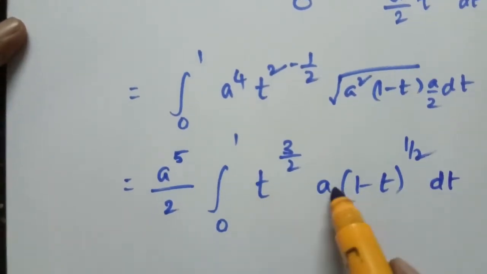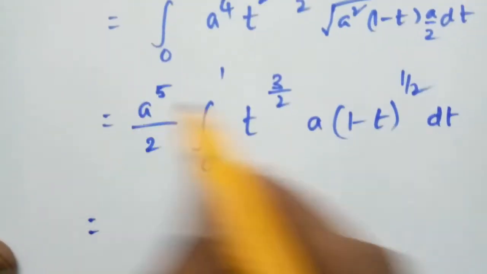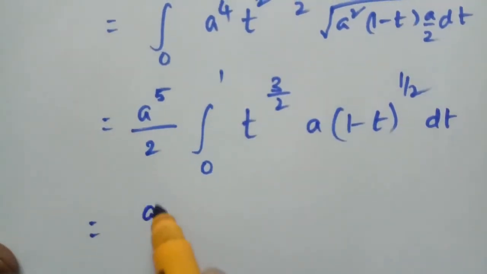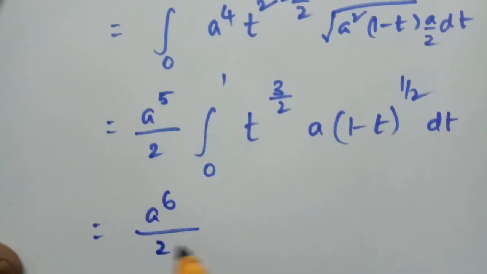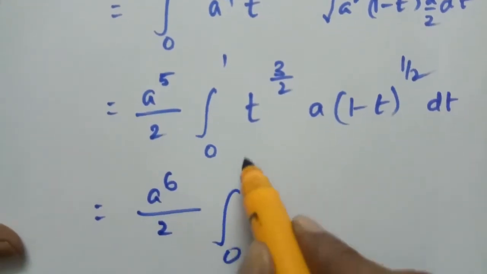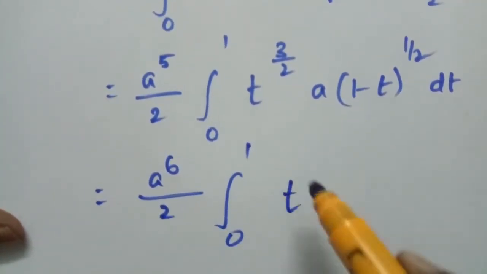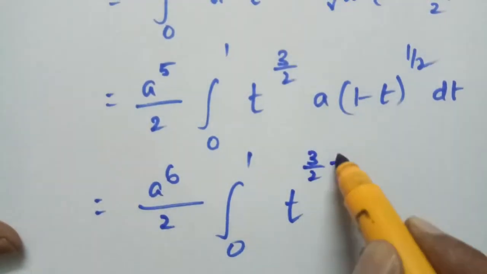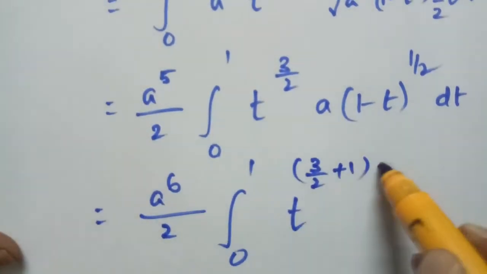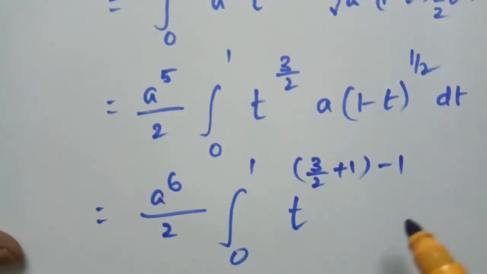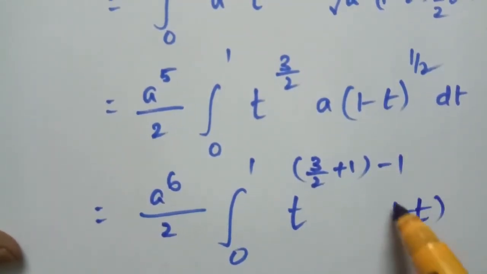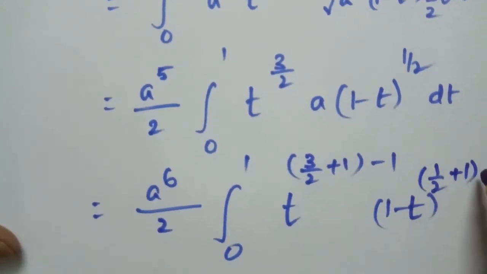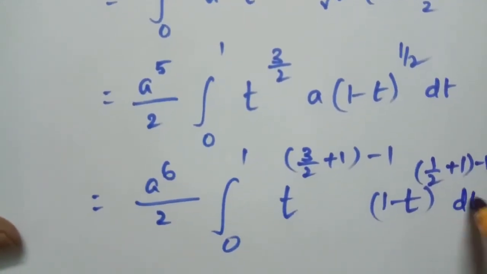Already a is there in the integration, so we are writing a to the power of 6 by 2 into integral 0 to 1 t to the power of, to get the m minus 1 form, adding 1 and minus 1, 1 minus t whole to the power of 1 by 2 plus 1 minus 1 to get the m minus 1 form.